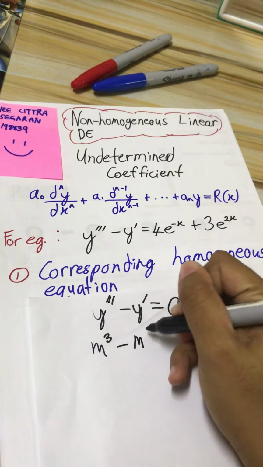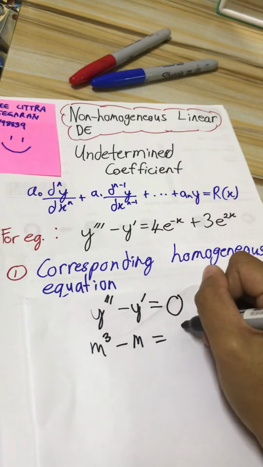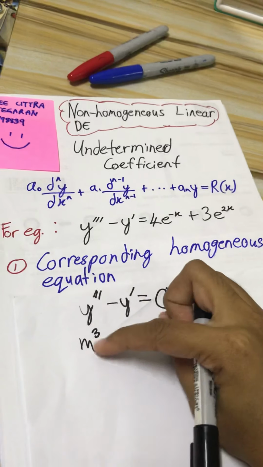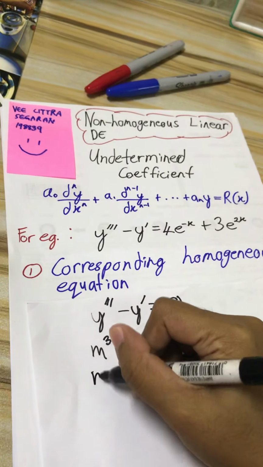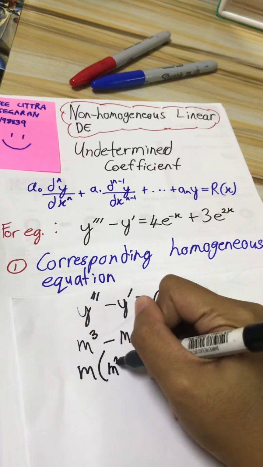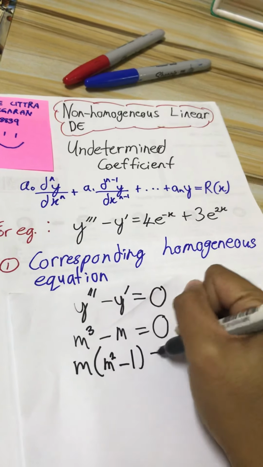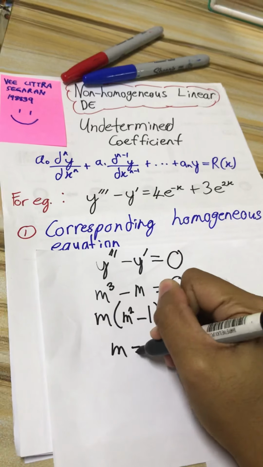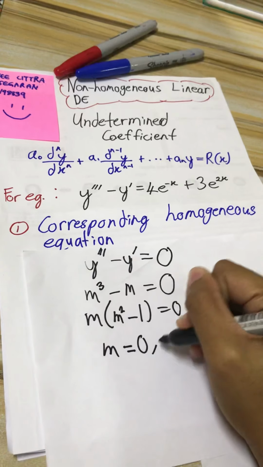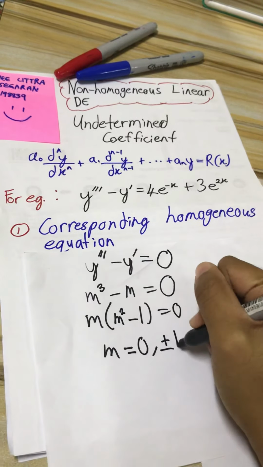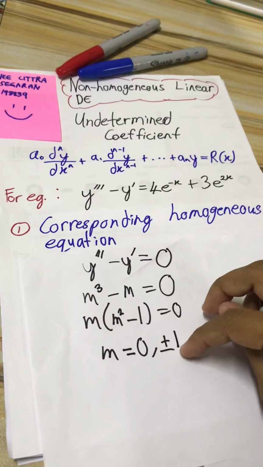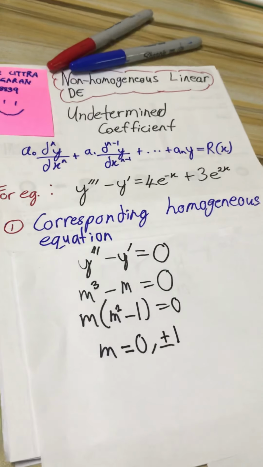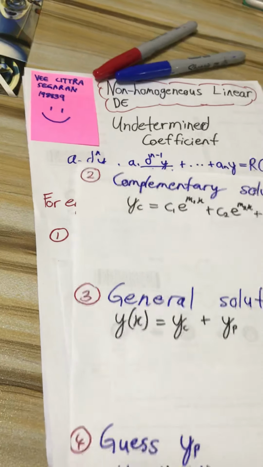Then minus m power 1 equal to 0, and then we solve this equation. So we get m power of 2 minus 1. We solve the equation, and then we get the roots of m are 0 and plus minus 1. After we get the roots of m, we move to the second step.